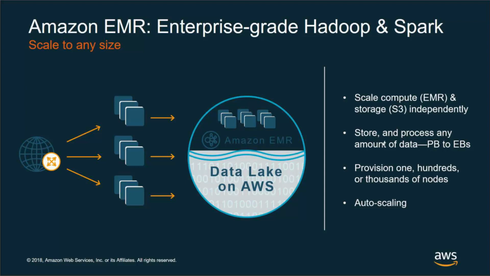Some of the benefits of EMR is that it allows you to scale compute and storage independently. So you can put your data on S3 instead of thinking about putting it inside your cluster in HDFS, and that way you can scale your compute to achieve much higher performance and finish your jobs in a shorter amount of time.